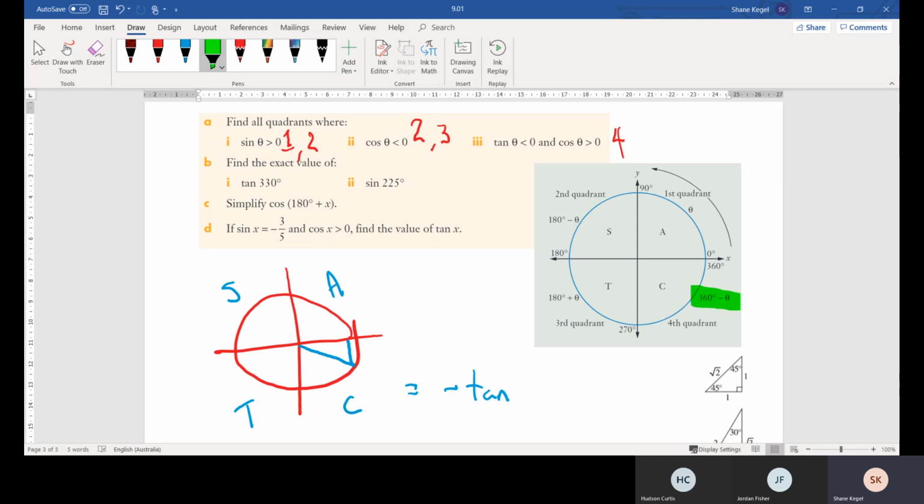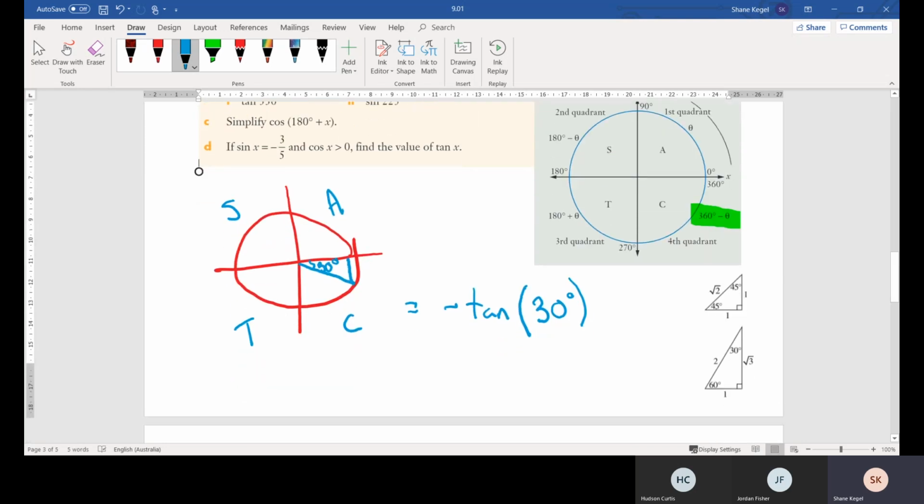To find the angle on the inside of my triangle, I must do 360 take 330, which gives me 30 degrees. So tan of 330 is the same as negative tan of 30 degrees.